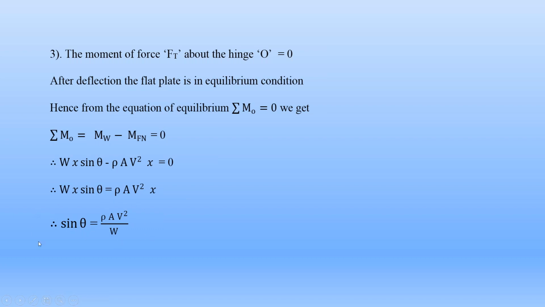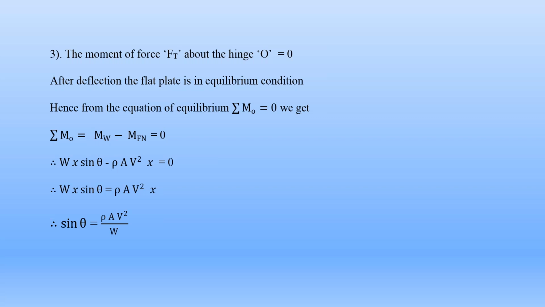This is the equation to find out the deflection of the hinged vertical flat metal plate due to the impact of a horizontal water jet. So in this condition, we have the hinged vertical flat metal plate. The water jet is horizontal. That water jet strikes the metal plate at the center.